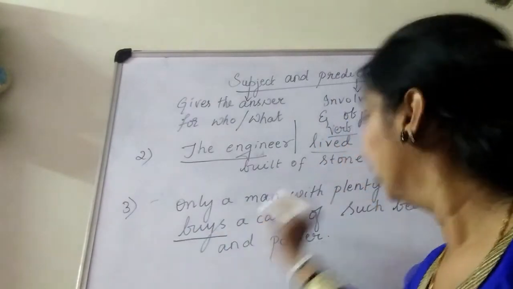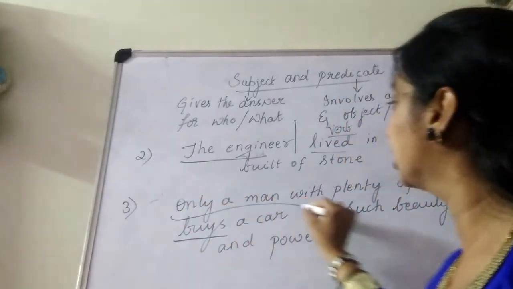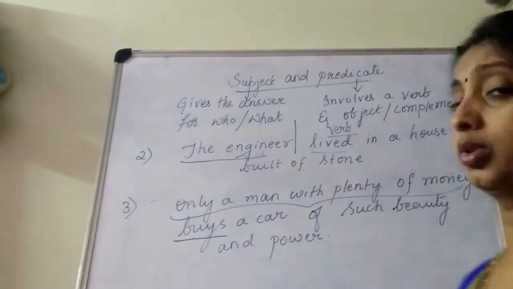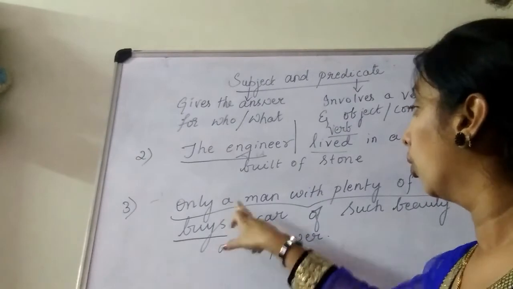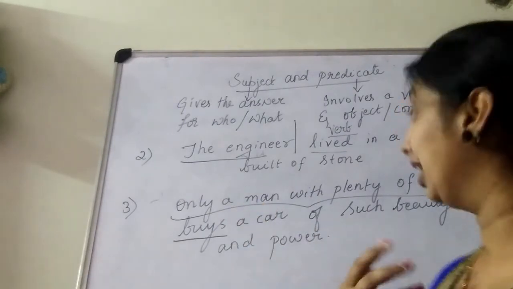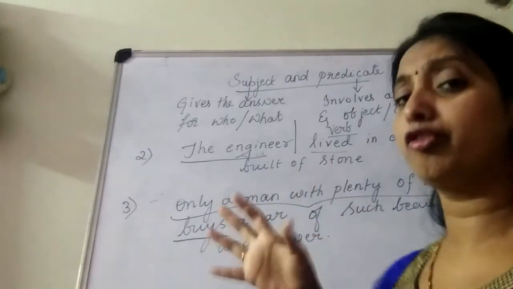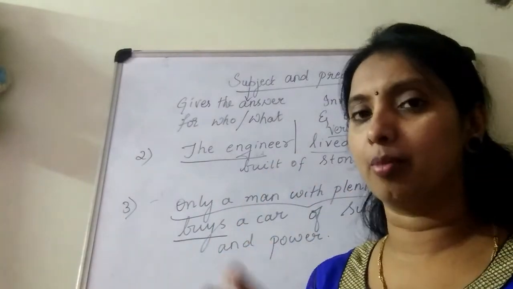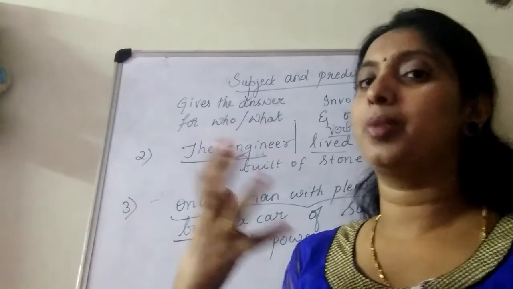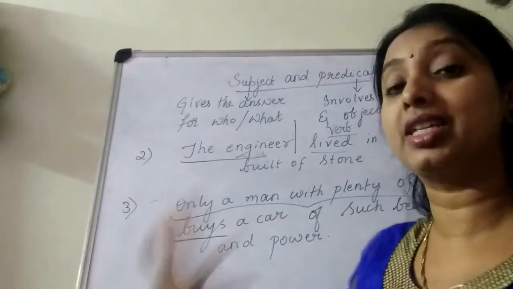So then, check whether this answers for who. Only a man. Which man? Only a man with plenty of money. So we are not speaking about just one man. We are speaking about a man who has plenty of money.